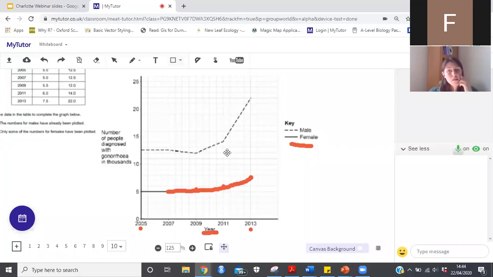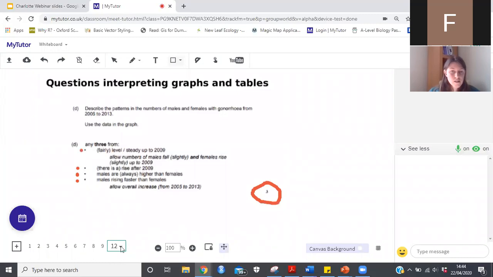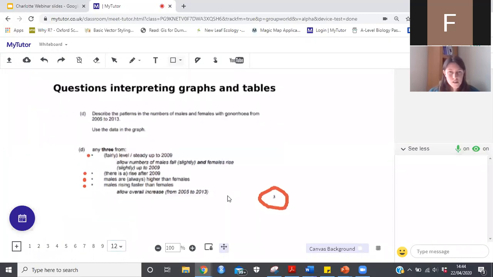We can see that males go up faster after 2009 when we noted that change, and that numbers do stay roughly the same between 2005 and 2009. There's a slight dip there in males and a slight increase in females, but not as much as there is after 2009. Good. Have a quick look at that one again.